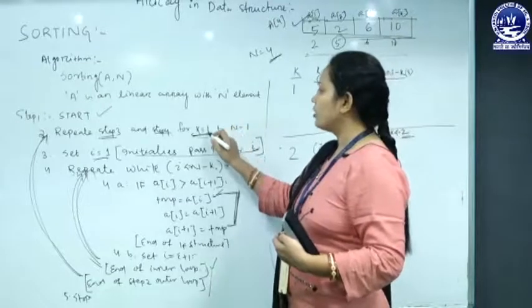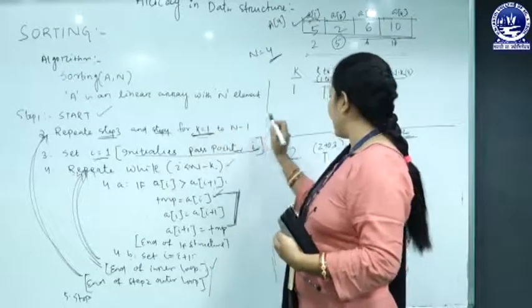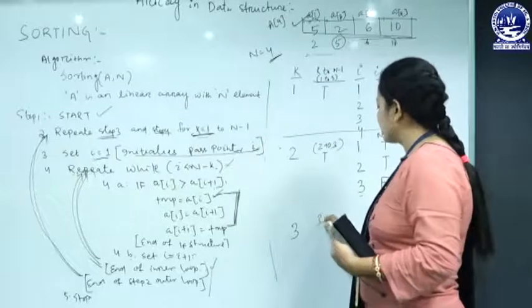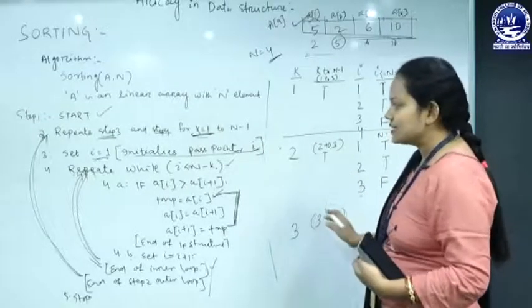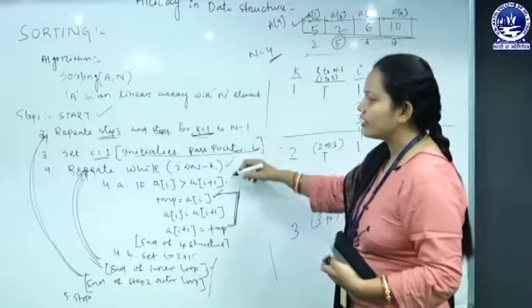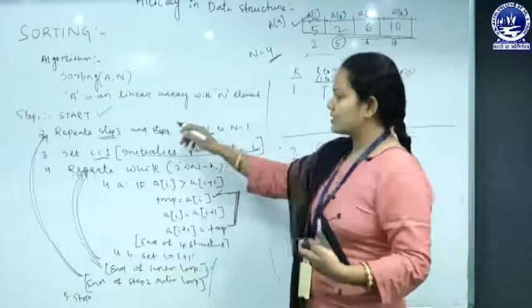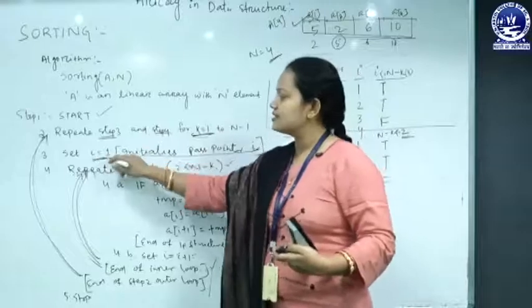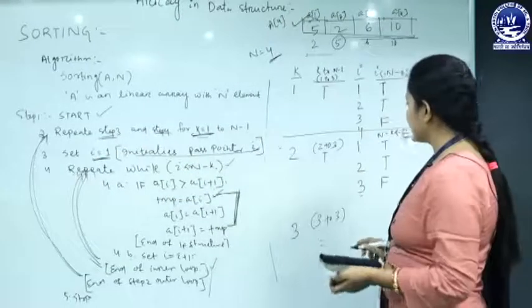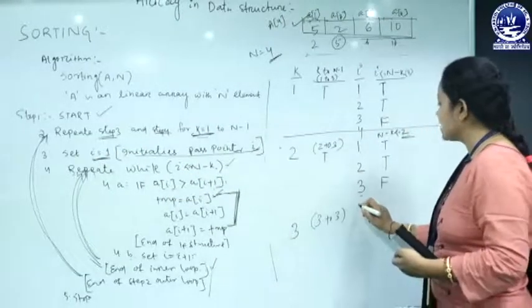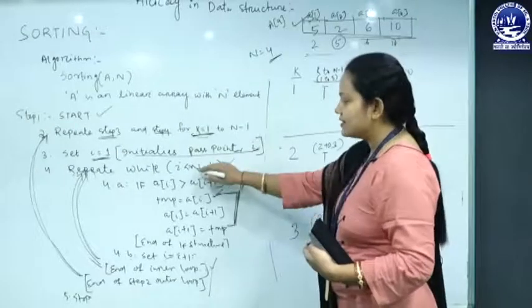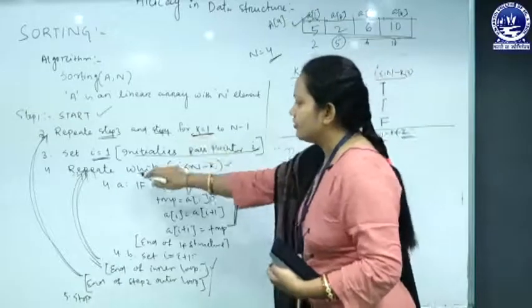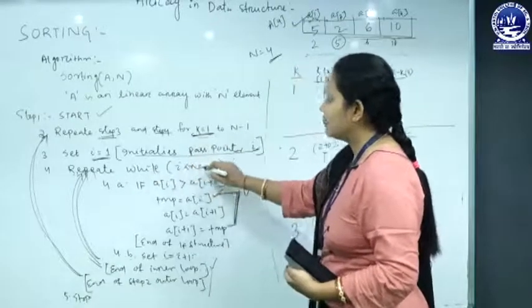When k becomes 3, we will check the condition. It will be true for k 3 to n minus 1, that means it will check for 3 to 3. So condition is true. As the condition is true, we will execute step 3 and 4 again. When we execute step 3, again initialize the pass pointer, that is I equals to 1, and repeat step 4 while I less than equals to n minus k.